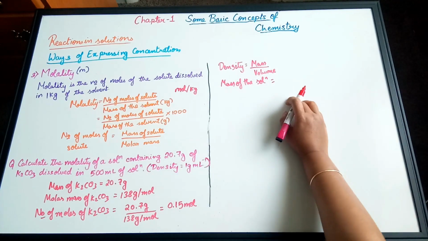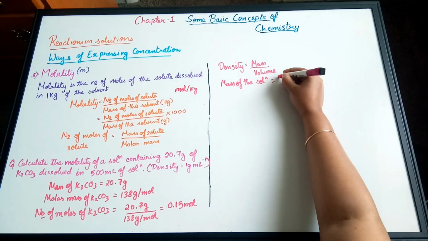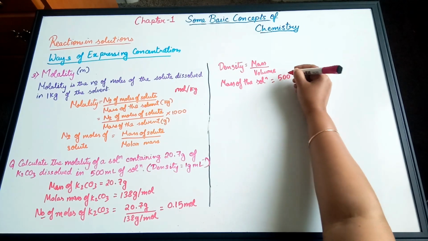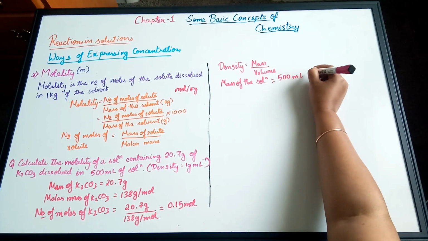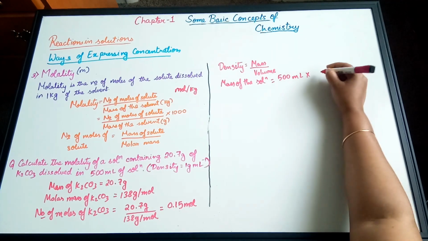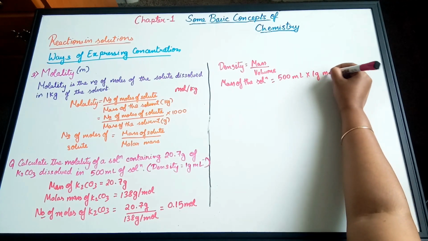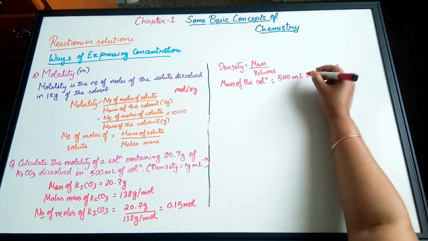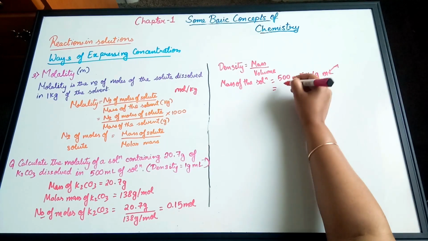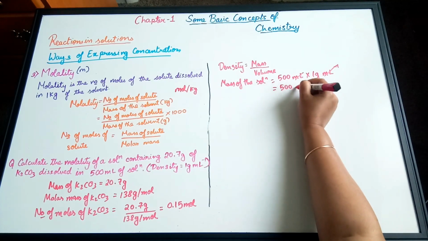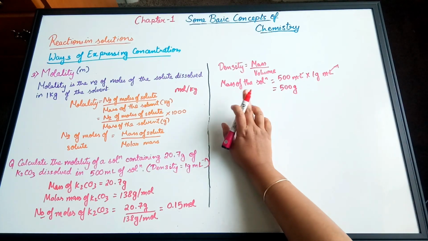The volume of the solution is given as 500 ml into density, which is 1 gram per ml. So ml and ml get cancelled to give us 500 grams. So this is the mass of the solution.